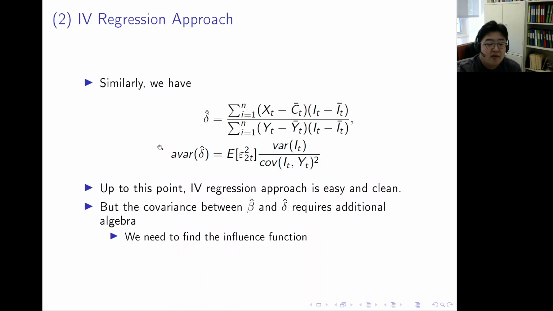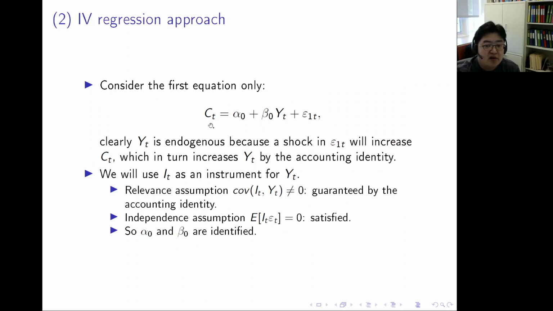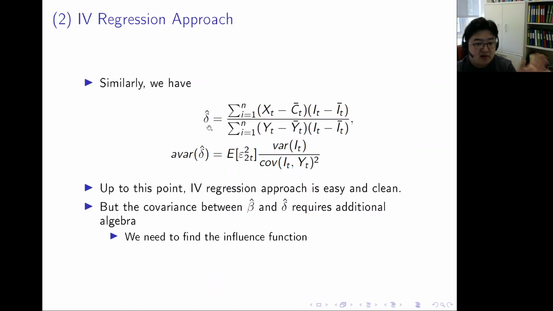But the problem with the IV regression approach is that you cannot tell the covariance because we are looking at equation by equation. Here, I'm only considering the first equation. And separately, I consider the second equation to identify delta. That is not a problem if you are only interested in beta and delta.